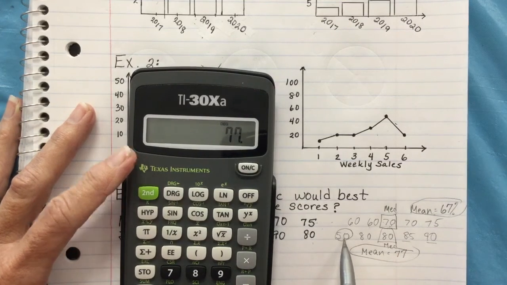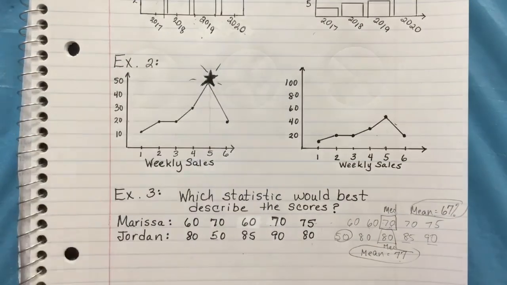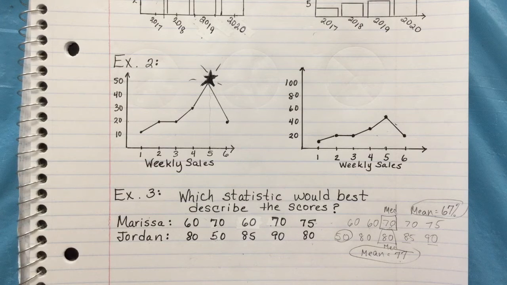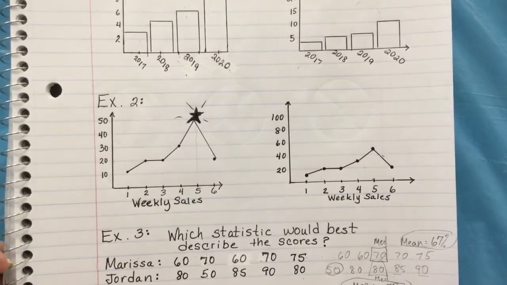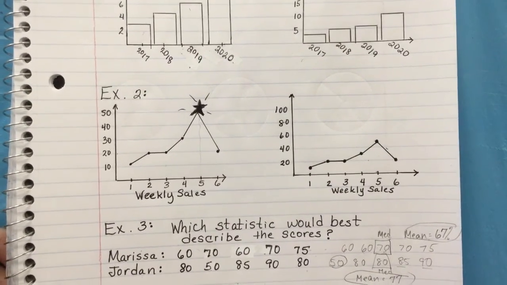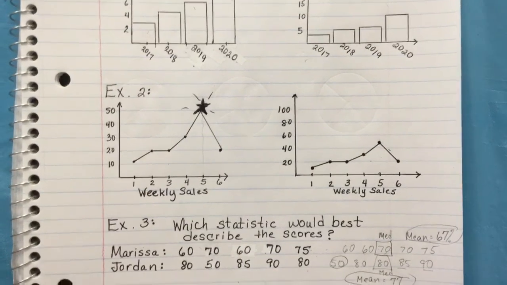That low score brings down his average to a C. So he would also want to use the median because the median score would be a higher representation of his grade. All right, so they can use statistics in different ways to present data in the best possible way.